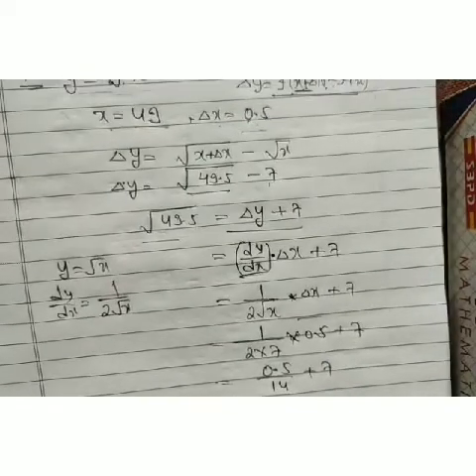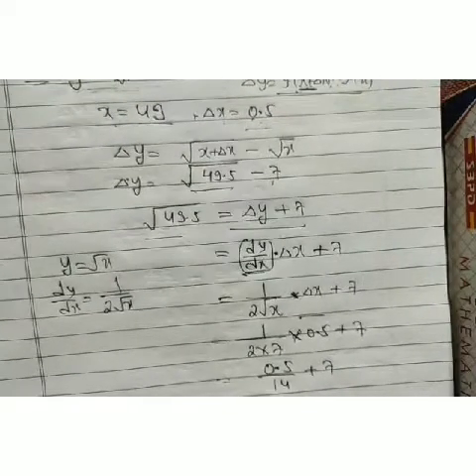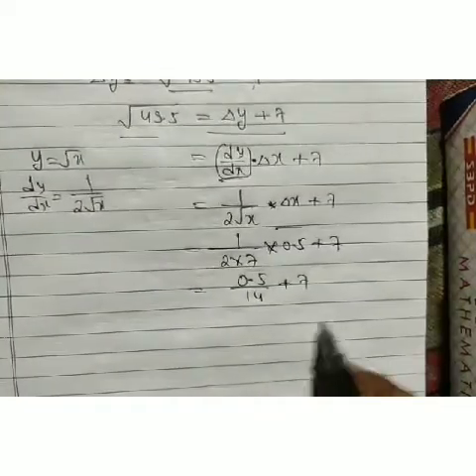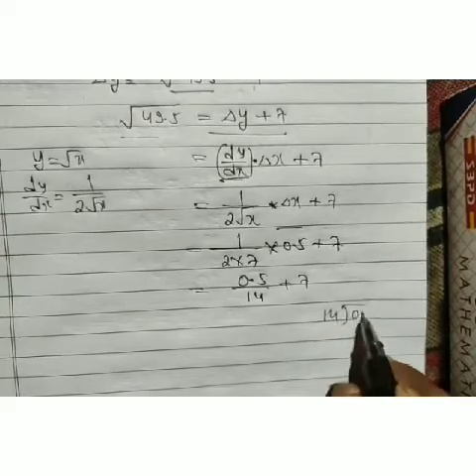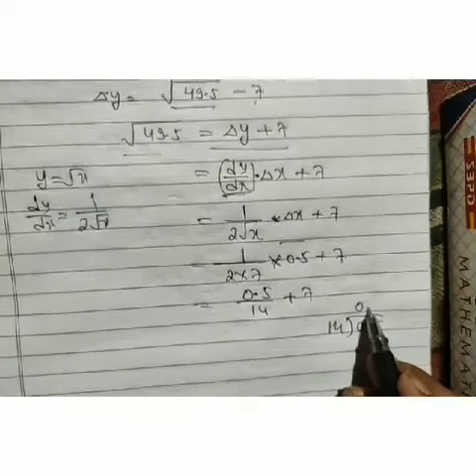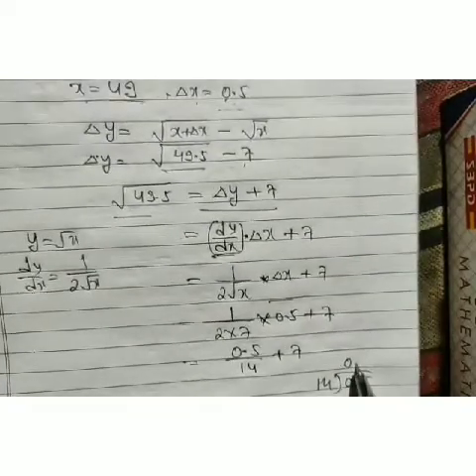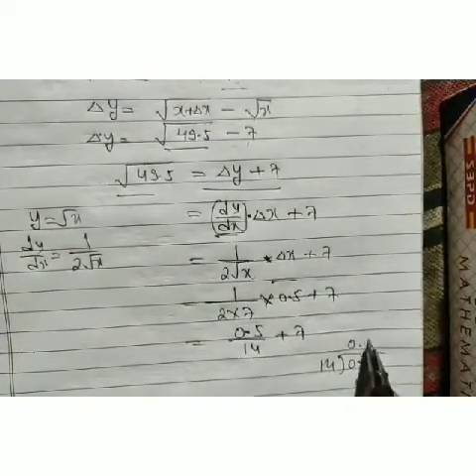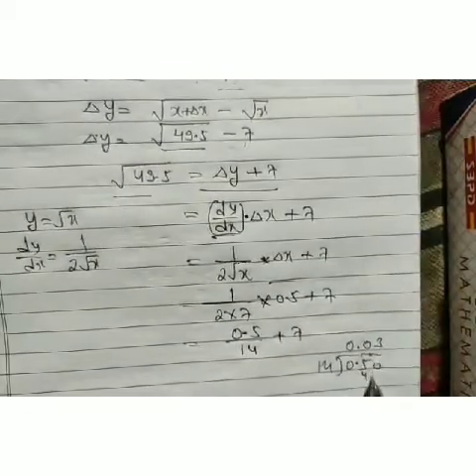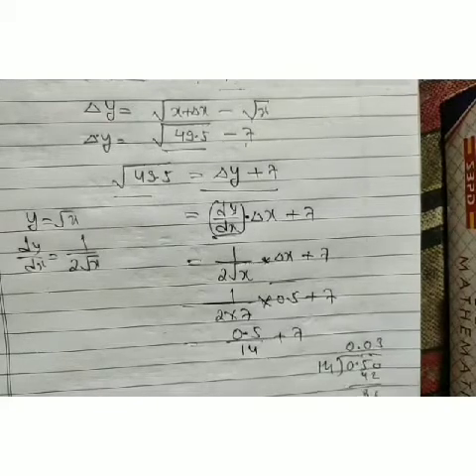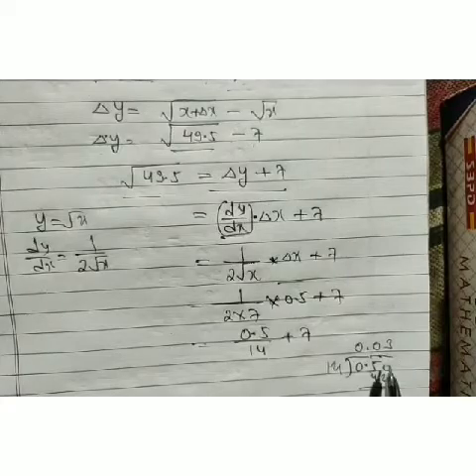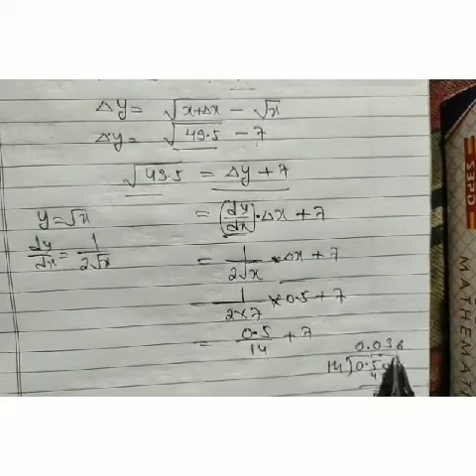Now we have to divide 0.5 by 14. We take 0, then the decimal point; after the decimal it's 5, then we take another 0. Now 50: 14 times 3 is 42, and 14 times 5 is 70, so we take the approximate value 6 there.